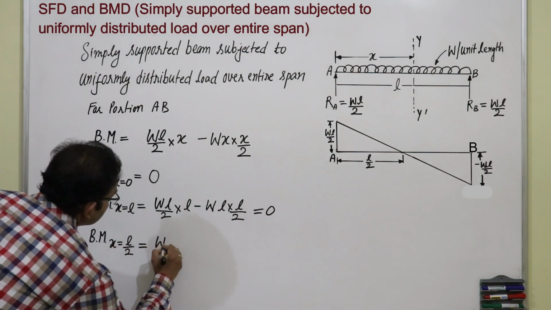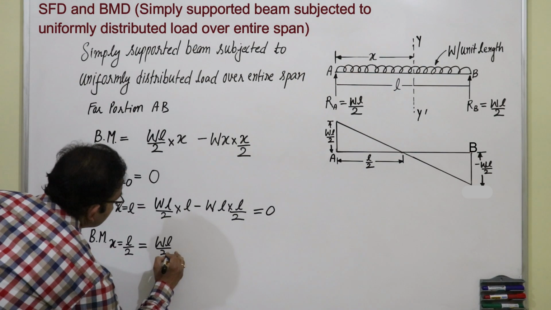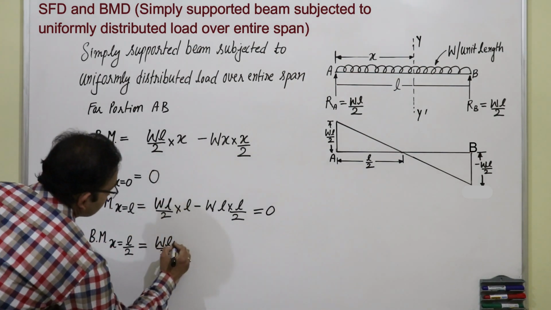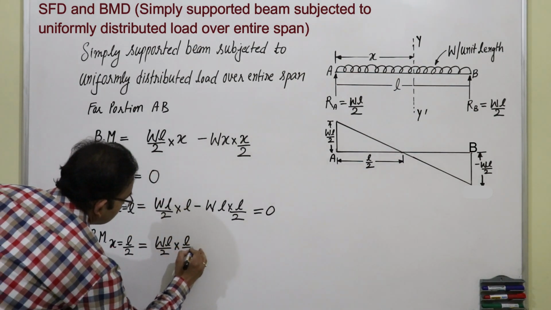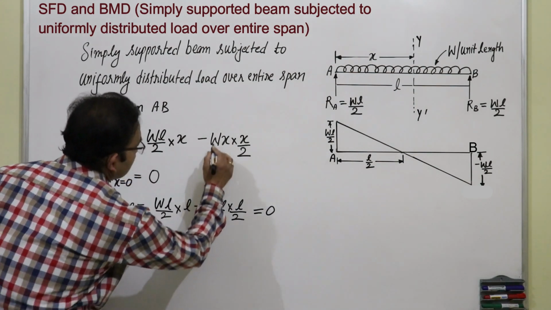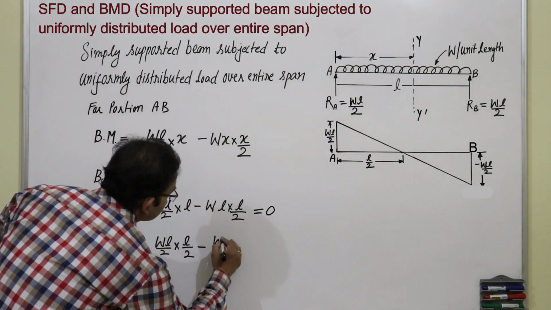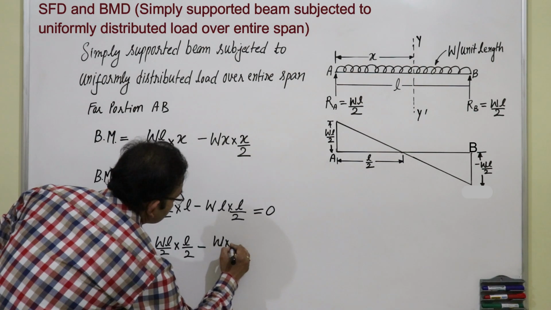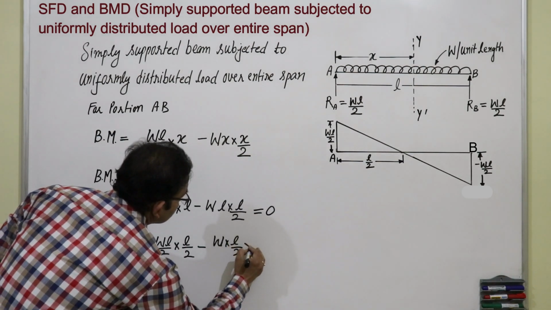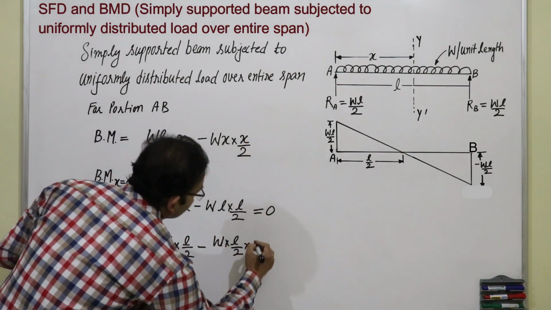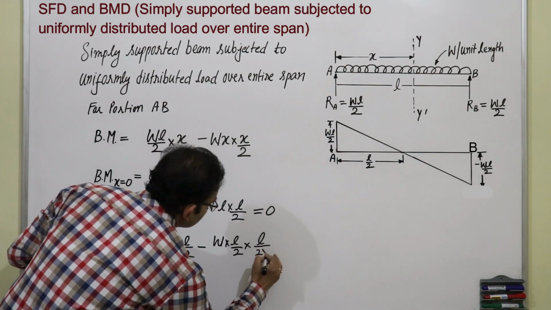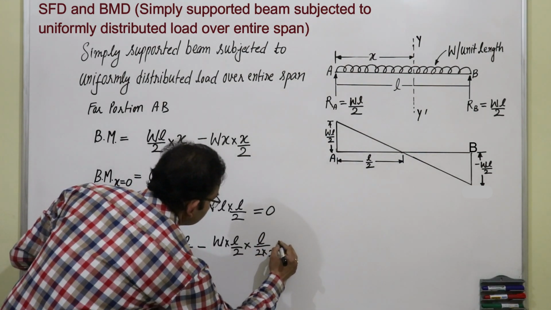So, W L by 2 into L upon 2 minus W into L upon 2 into L upon 2 by 2.